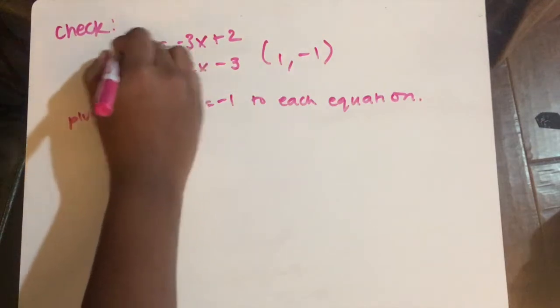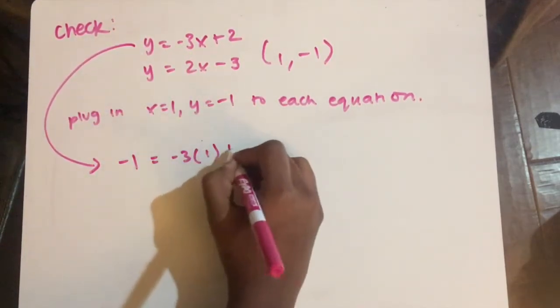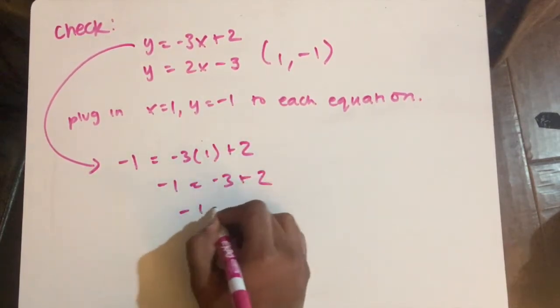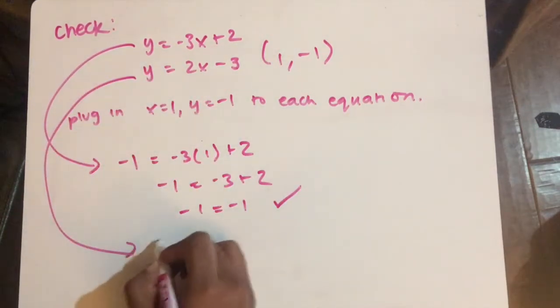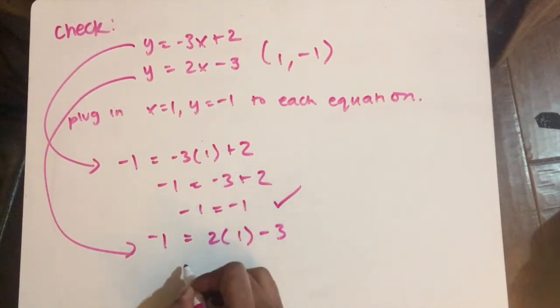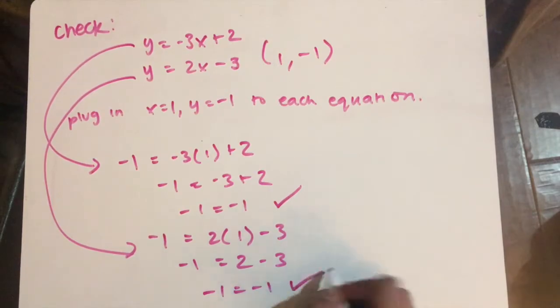For the first equation, negative 1 is equal to negative 3 times 1 all plus 2, which is negative 1 is equal to negative 3 plus 2, so negative 1 is equal to negative 1. In the same way, we will do the same thing to the second equation, which will be negative 1 is equal to 2 times 1 minus 3, which in the end works out to be negative 1 is equal to negative 1 as well.